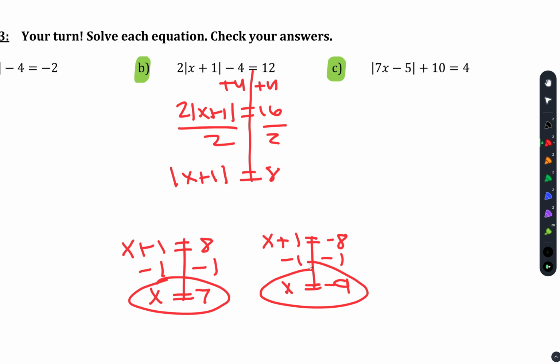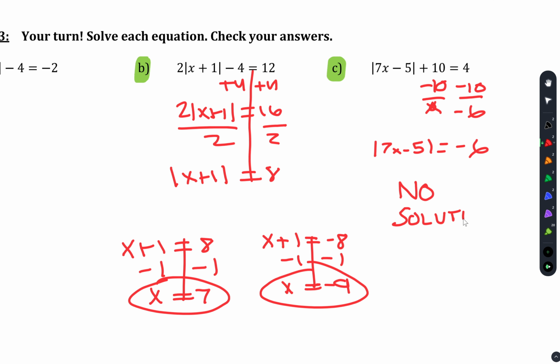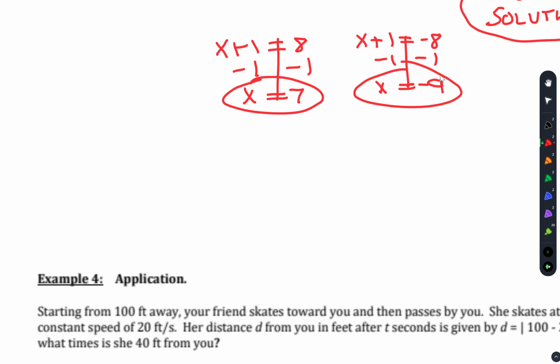Beautiful. You got the other one? Yep. Amazing. Any questions about this? Do we feel like we kind of understand the steps here? Okay. All right, let's do the application and then I'll leave you be.